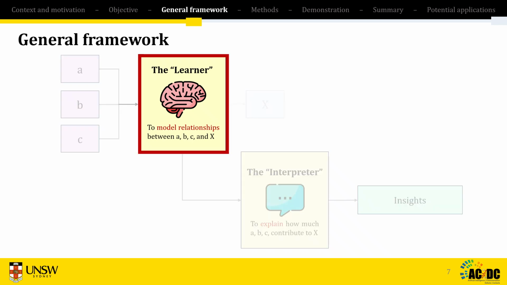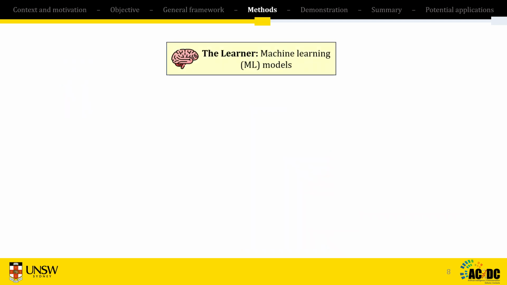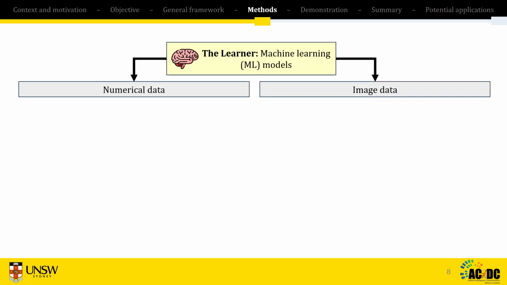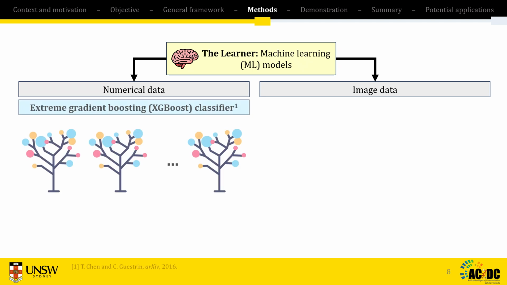So let's first talk about the learners. Our learners will be based on machine learning models. And for this study, we created two types, one for numerical data and another for image data. For numerical data, we developed an XGBoost classifier, which is a decision tree-based algorithm.